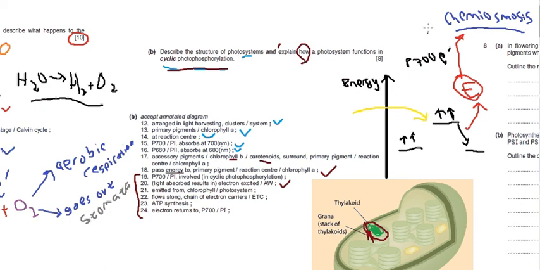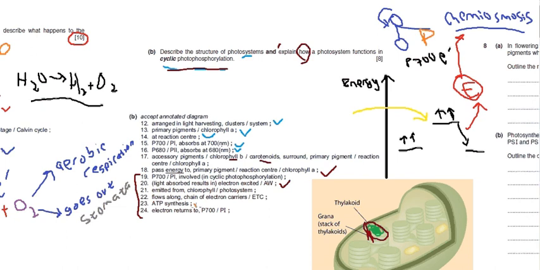If you don't remember chemiosmosis, there is this ATP synthase. It sort of rotates the ADP molecule and attaches it to the phosphate molecule to get you ATP. So from adenosine diphosphate you get adenosine triphosphate. Okay, so that's clear.